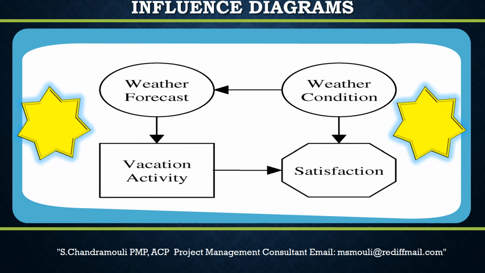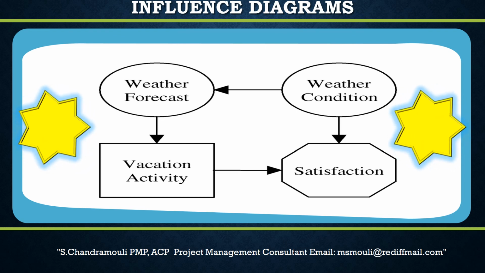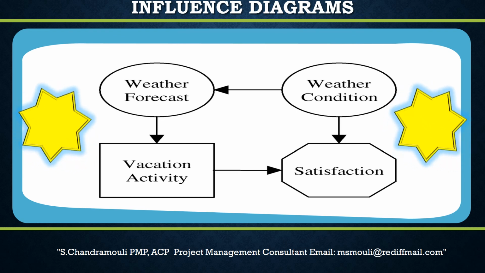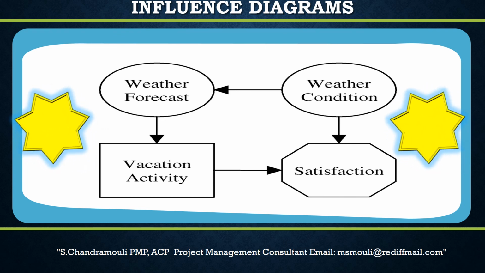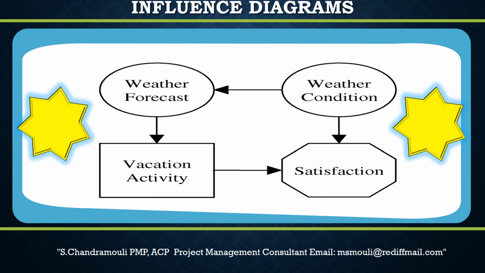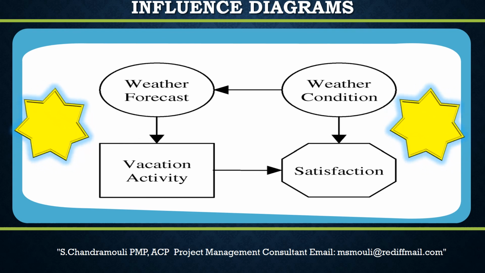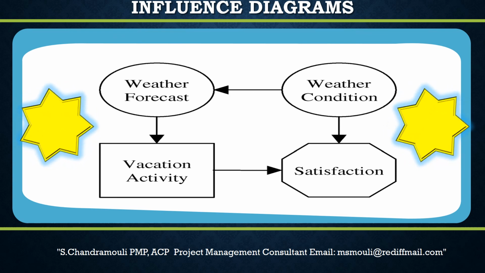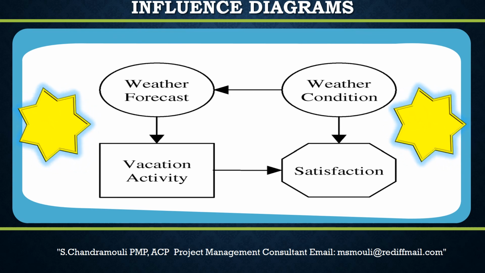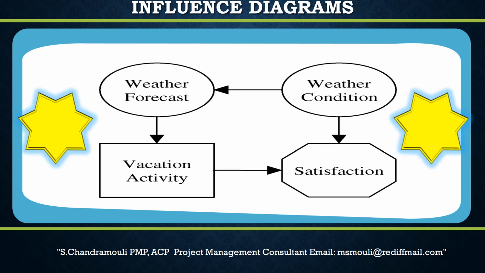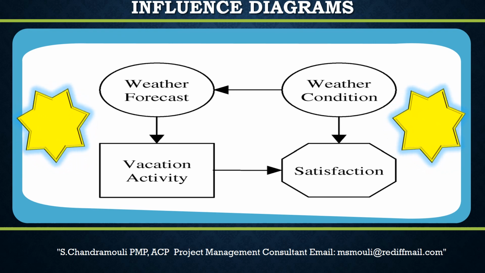Functional arcs ending in satisfaction indicate that satisfaction is a utility function of weather condition and vacation activity. In other words, their satisfaction can be quantified if they know what the weather is like and what their choice of activity is. Conditional arc ending in weather forecast indicates their belief that weather forecast and weather condition can be dependent.